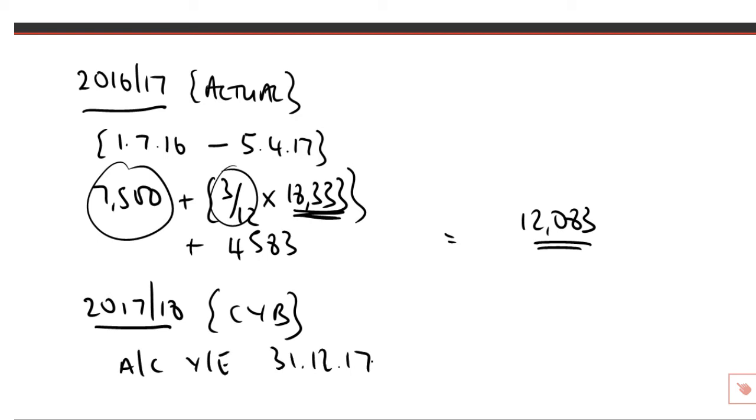Now, we're not including this as CYB just because there is an accounting year ended 31st of December 17. We're including it because partner FC started to trade on the 1st of July 16, so had traded throughout the year ended 31st of December 17.